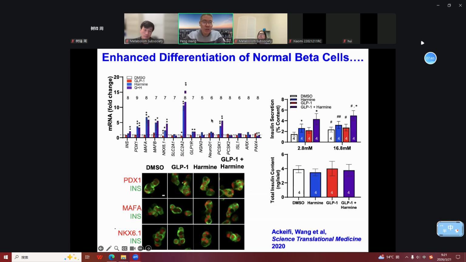It does not cause beta cell de-differentiation. Also, it's not just at the RNA level. We also find that it can increase beta cell function gene expression at the protein level as well, as shown here, PDX1, MAFA, and NKX6.1. And this combination can also increase beta cell insulin secretion, but does not change the insulin content.